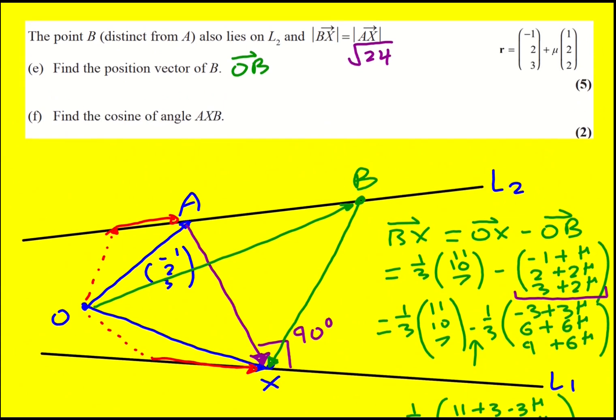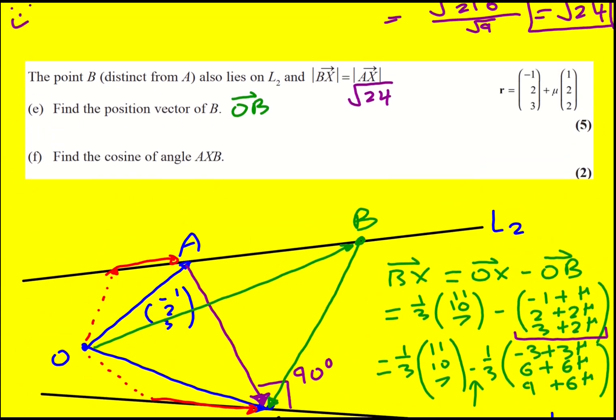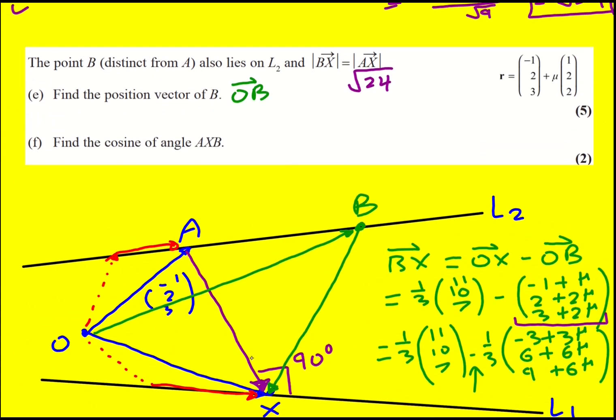Finally, we're asked to find the cosine of angle AXB, this one here. So we can now apply the dot product of, actually it's going to be XA with xb.